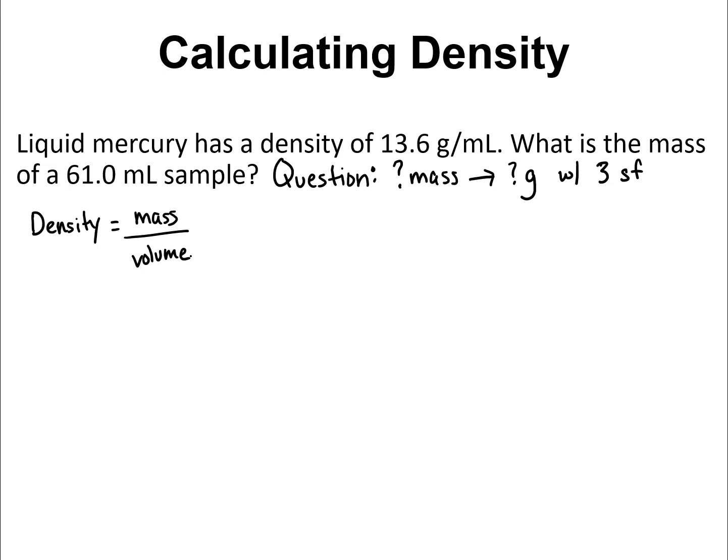We know that density is equal to mass divided by volume. If we want the mass, then all you got to do is multiply by volume.